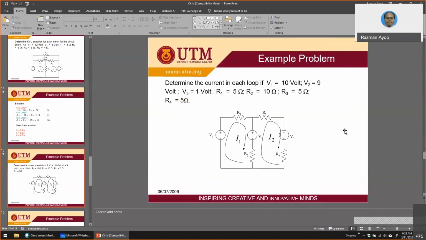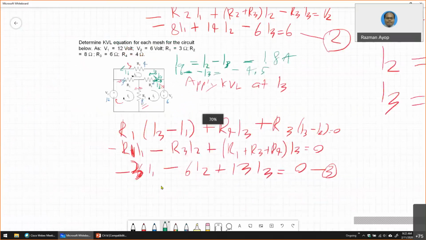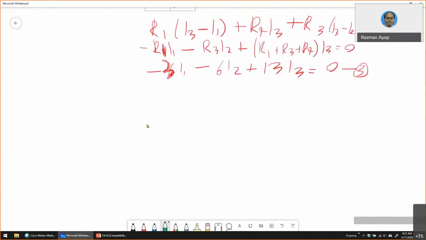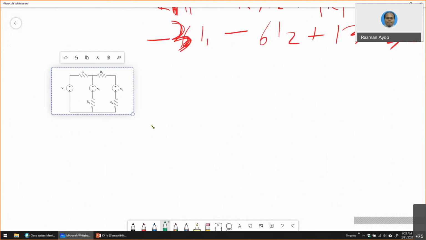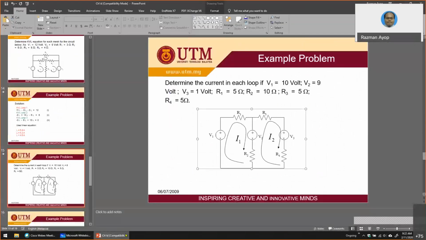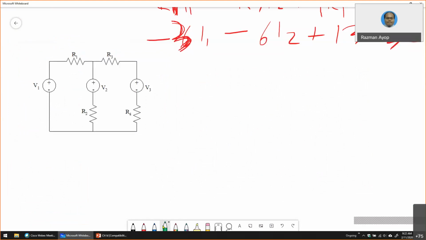So this is another example. For this case, they don't give any loop current, or mesh current, so you have to assign it yourself. Assign I1 and I2.